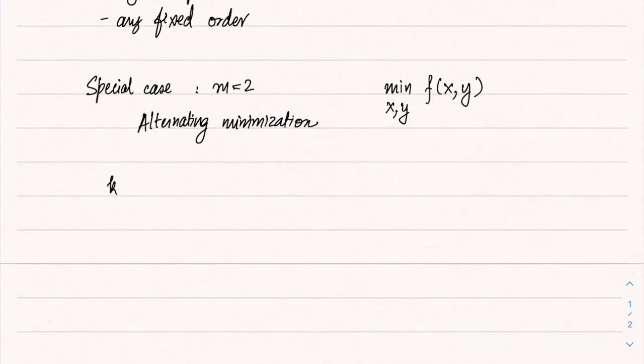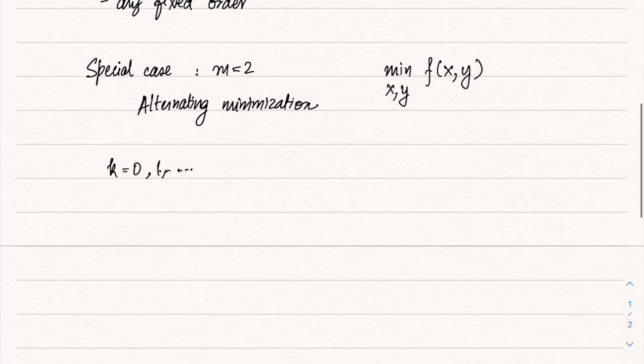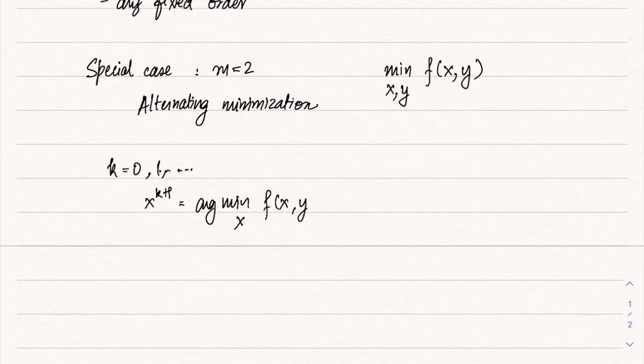The idea is that you start at k equal to 0, 1, 2 and so on, calculate x of k plus 1 as arg min over x of f of x, y of k, and then y of k plus 1 equal to arg min over y of f of x of k plus 1 comma y.